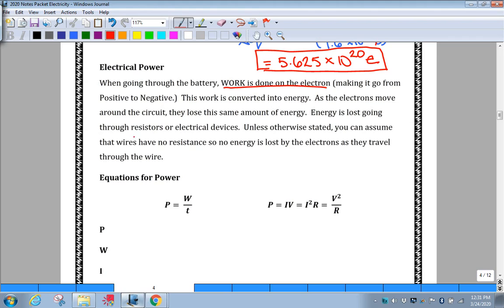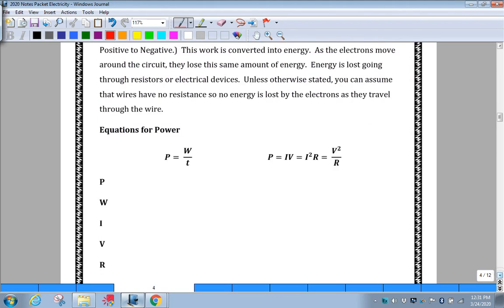Energy is lost going through resistors or electrical devices. Unless otherwise stated, you can assume that the wires have no resistance, so no energy is lost by electrons traveling through the wire. So basically, what we have to know is that a certain amount of work is done and converted into energy whenever we go through a device in our circuit.